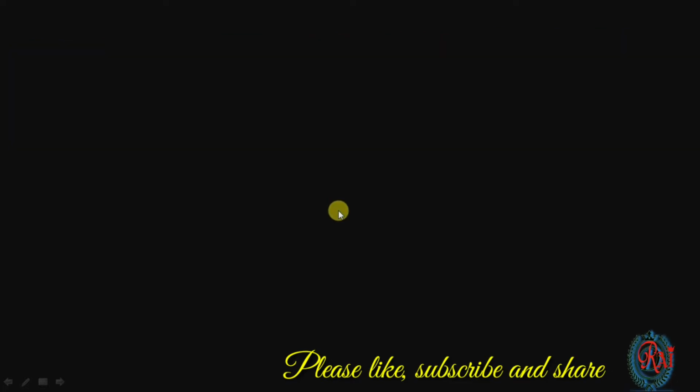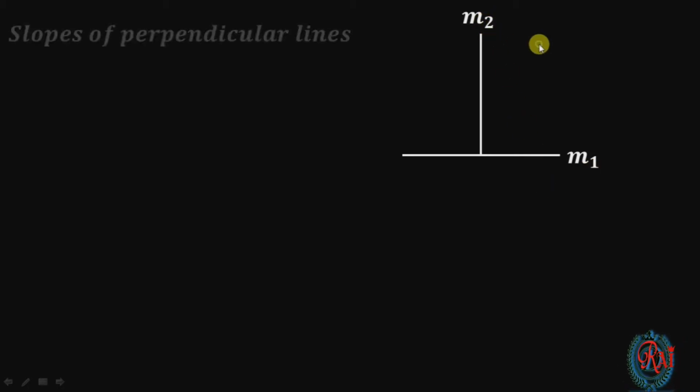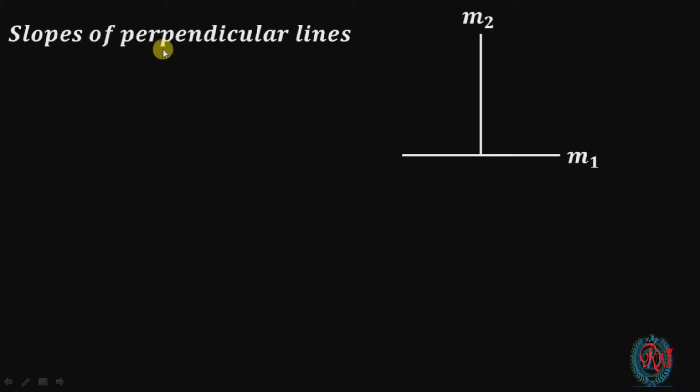Now, let us consider two perpendicular lines. The slope of first line is equal to m1 and that of second line is m2. So, the slopes of perpendicular lines are given by the formula m1 into m2 is equal to minus 1.